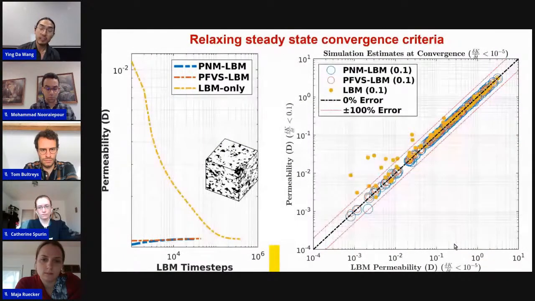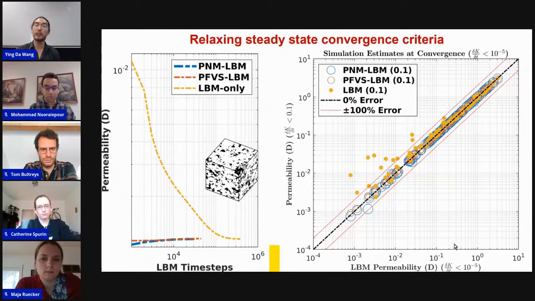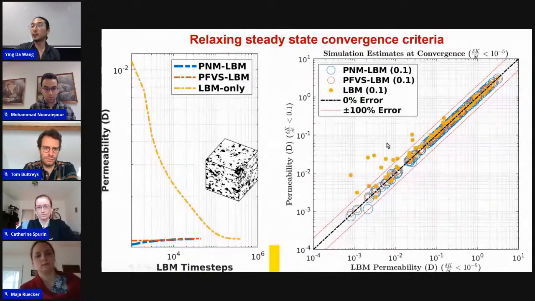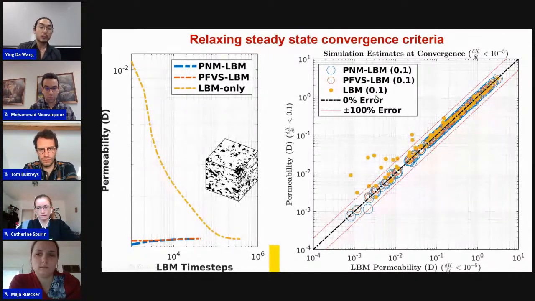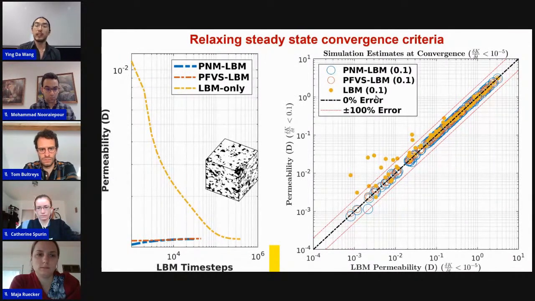And so much like you can do with the predictions from CNNs, you can do the same here and use those predictions to initialize a Lattice-Boltzmann simulation. What you find, of course, is that your convergence is again very, very fast, and one of the reasons why is that your convergence criteria is no longer as strict as what is needed to predict the permeability from this yellow line.